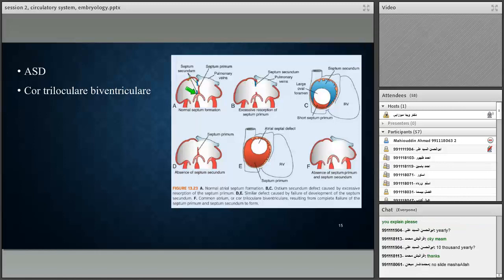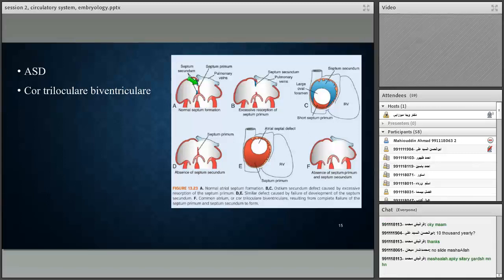In slide number 15, if it has some defects, this will happen. So there would be a large opening between the left and the right atria. It may happen because of the cell death.